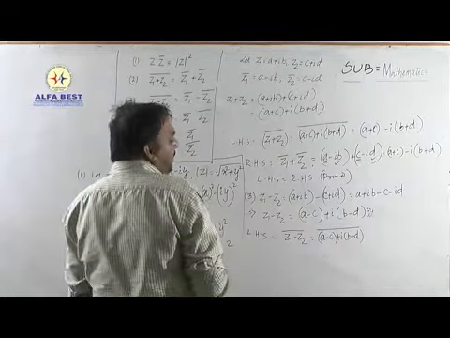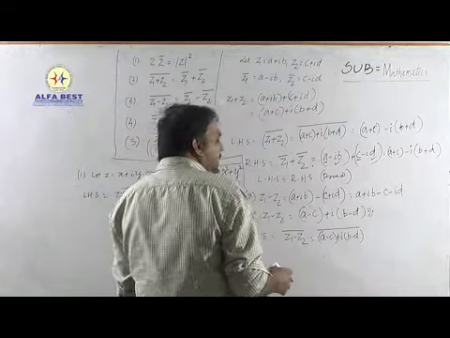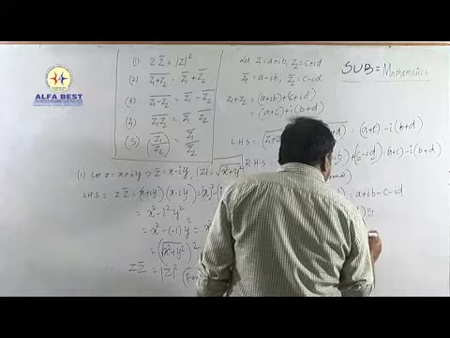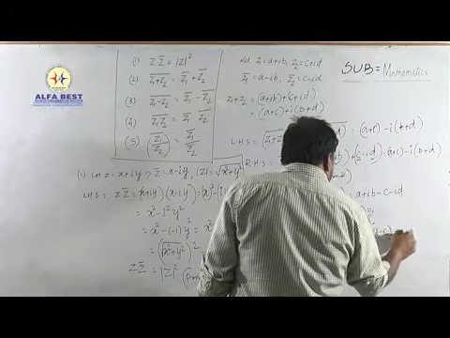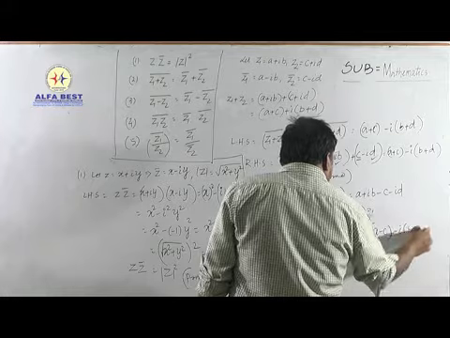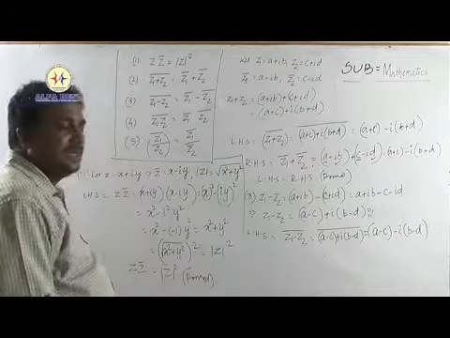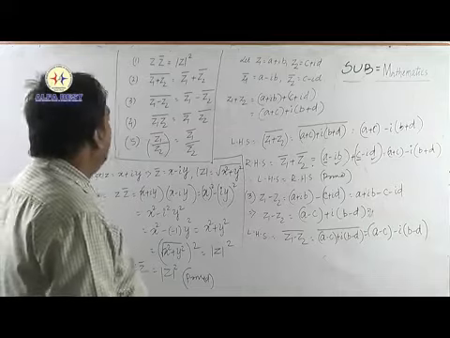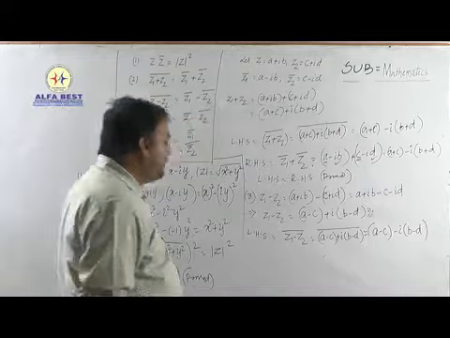Now you look here, when we have to calculate the conjugate of a complex number, plus will be minus, so this will be A minus C minus I into B minus D. So this is your LHS. Now we will come to the RHS. So RHS is Z1 conjugate minus Z2 conjugate.